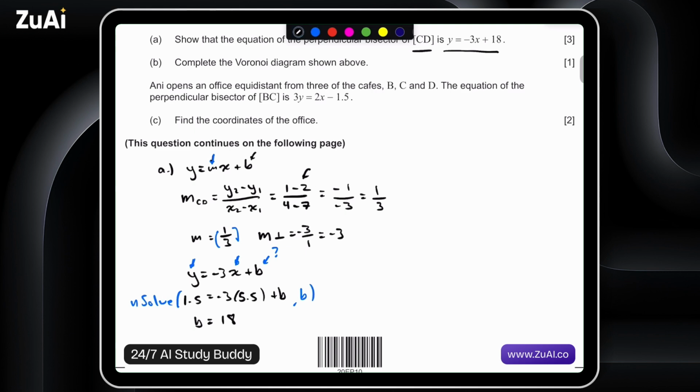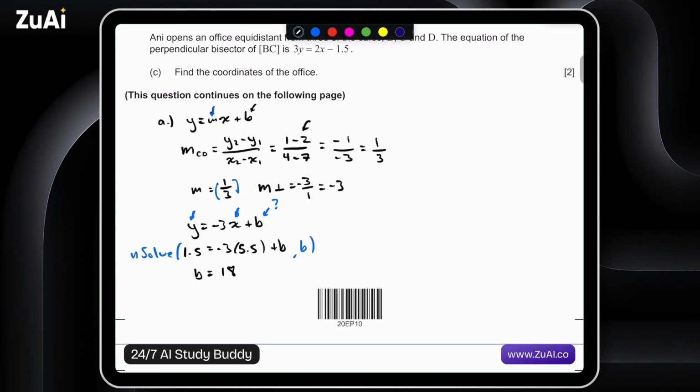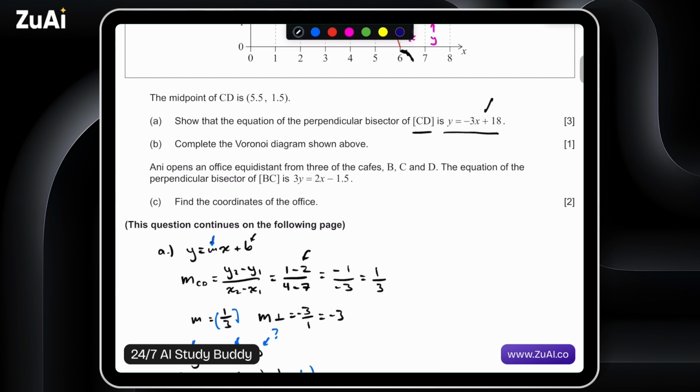So you can work it out through algebra, or you can use the equation solver. So altogether, our equation of a line is y is equal to negative 3x plus 18, and I forgot what it said up here. There it is, negative 3x plus 18. Okay, good.